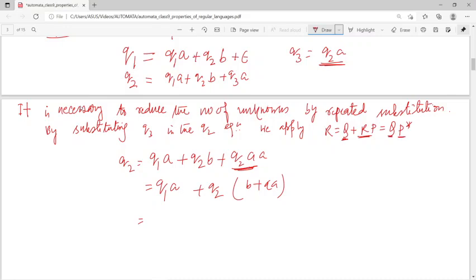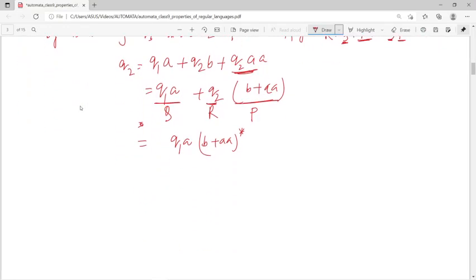So if this is Q, and this is R, and this is P, then the result we know is QP star, so this is Q and this is P star, so you will get that. So we will get Q2, and now we can substitute the value of Q2 in Q1.